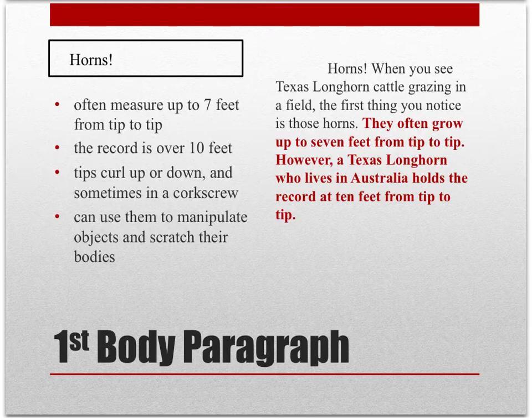They often grow up to 7 feet from tip to tip. However, a Texas Longhorn who lives in Australia holds the record at 10 feet from tip to tip. Notice this sentence flows from my topic sentence. I included the detail about the Longhorn in Australia because I think it's funny that the record-holding Texas Longhorn doesn't live in Texas, but halfway around the world in Australia.